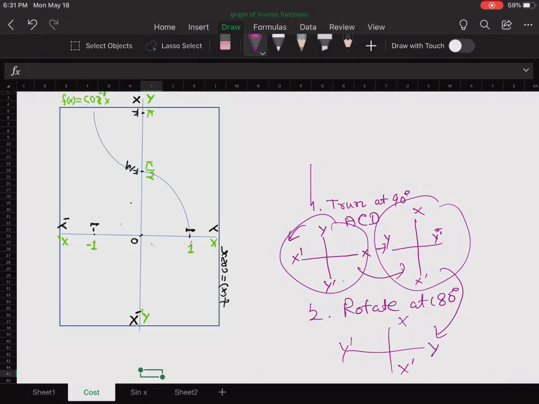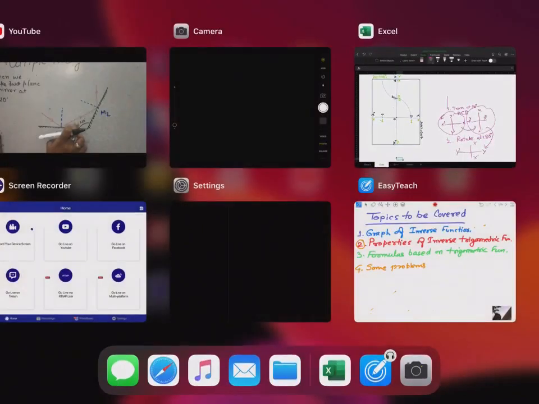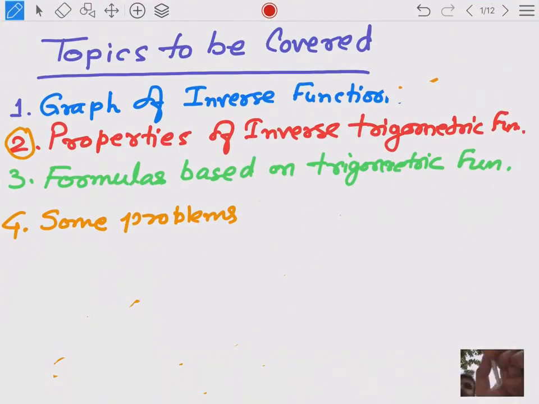So this is the way: any graph of a direct function can be converted into an inverse trigonometric function. Dear students, this is a very easy way to check how any function can be represented as the inverse function. I hope you all understood this.